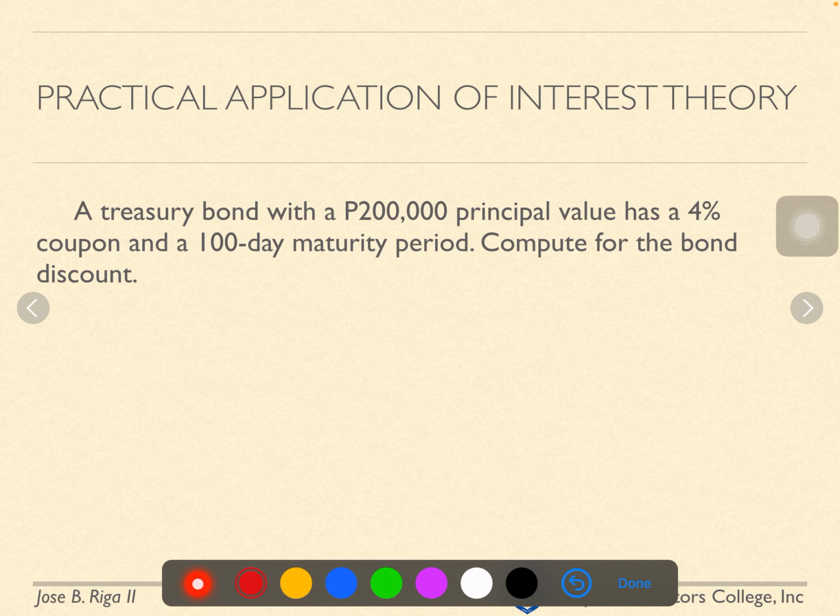Now next, a treasury bond with a 200,000 principal value has a 4% coupon and a 100-day maturity period. Compute for the bond discount. For that one, we will use this formula: the principal over 1 plus rD over 360.